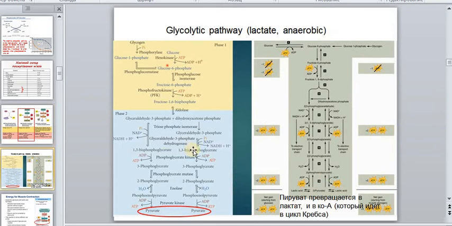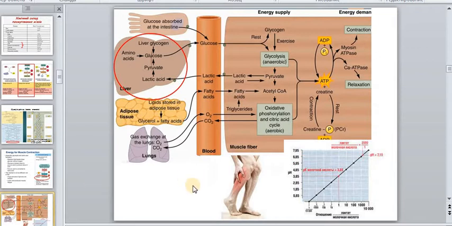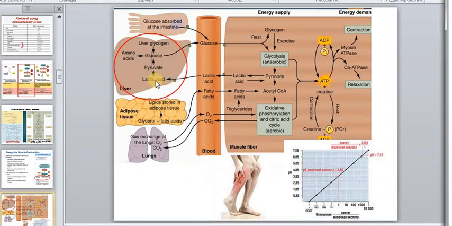Here you will see a lot of these molecules in the glycolytic pathways, and in what way we can use these molecules. Accumulation of lactate in the muscle can lead to changes in pH and negative consequences, of course, and we should always move lactate to the liver, and here you see we convert lactic acid in some ways into glucose.